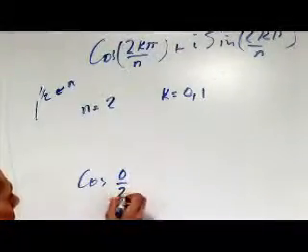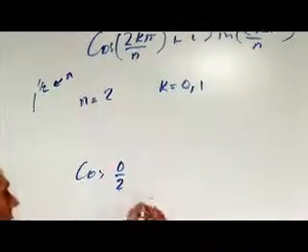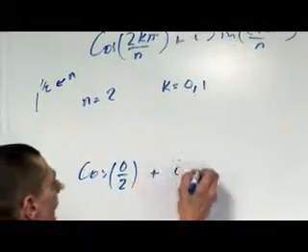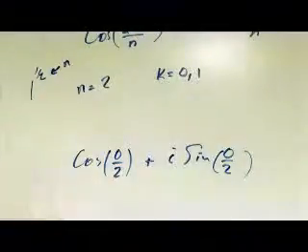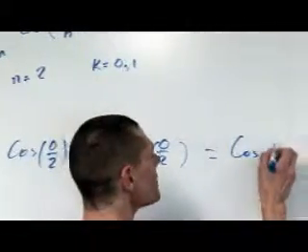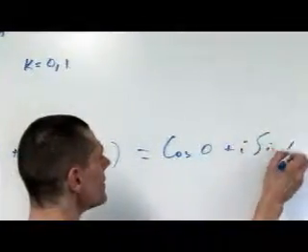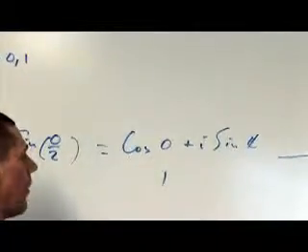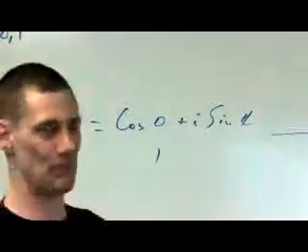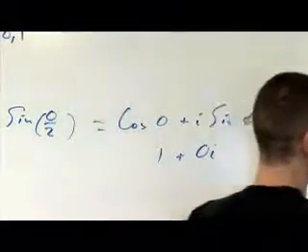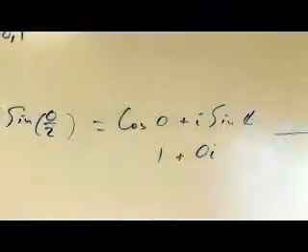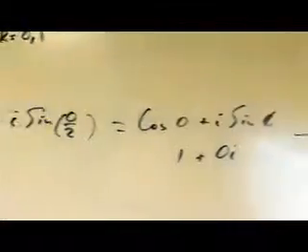So I'll write the 2 in here, even though 0 divided by 2 is 0, plus i sine 0 divided by 2. This is the same as cosine 0 plus i sine 0. Cosine 0 is 1, as I know all of you know by now, plus 0i. This is just our good friend 1 here, right? So that's for k equals 0.